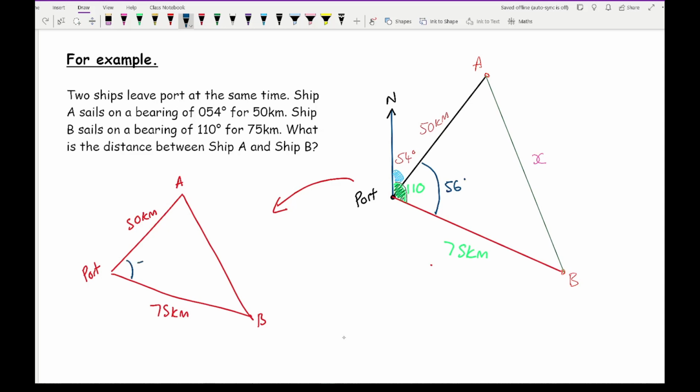So this angle here is 56 degrees, and here we've got an X. So automatically you're thinking cosine rule, and the reason for that is because we've got three sides and one angle, where one of them is X. So we need to use the cosine rule to find X, in which a will equal X, b equals 50, c equals 75, and capital A equals 56 degrees.